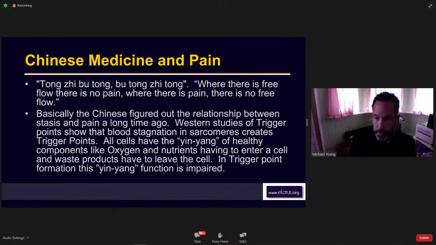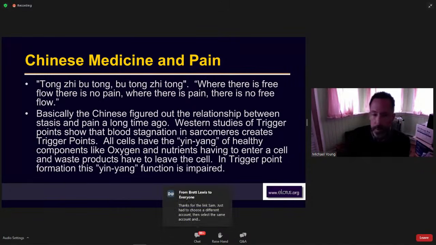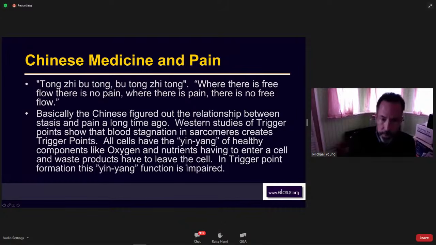Basically, the Chinese figured out the relationship between stasis and pain a long time ago. And Western studies of trigger points show that blood stagnation in sarcomeres creates trigger points. All cells have the yin yang of healthy components like oxygen and nutrients entering, and waste products leaving. As I mentioned, in a trigger point, this yin yang function is impaired.